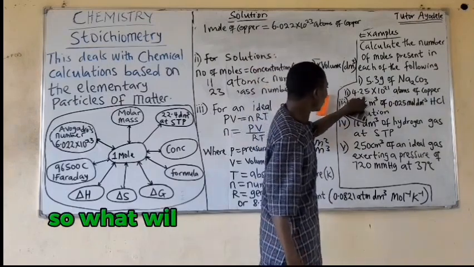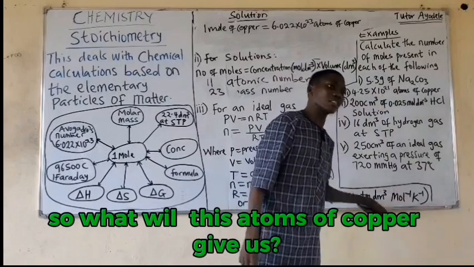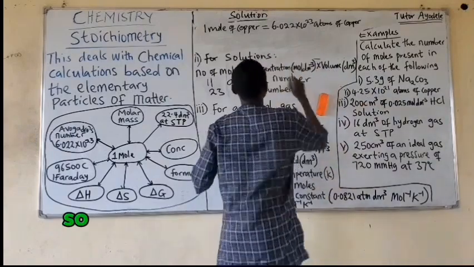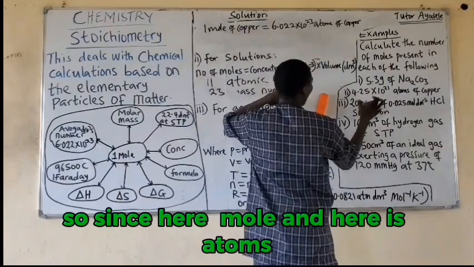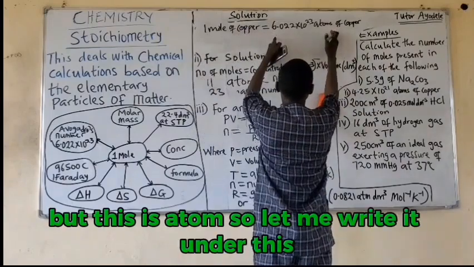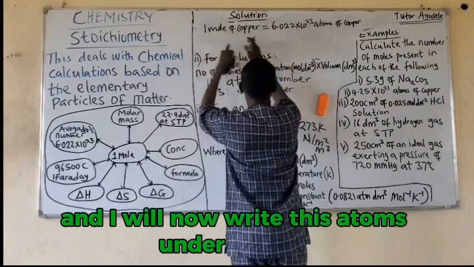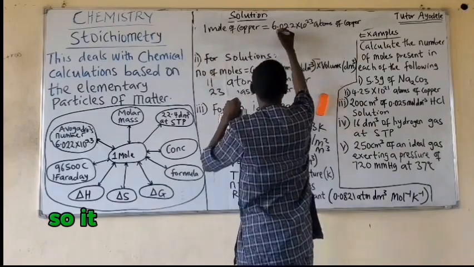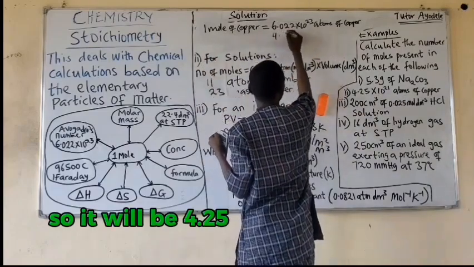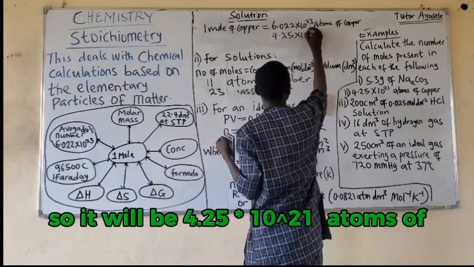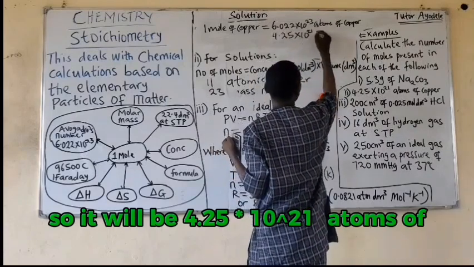The mole that these atoms of copper will give us is what we want to look for. So since here is mole and here is atom, let me write it under this one. I can't write it here because here is mole and I will not write these atoms under it. No, let it be under atom here. So it will be 4.25 times 10 raised to the power of 21 atoms of copper.